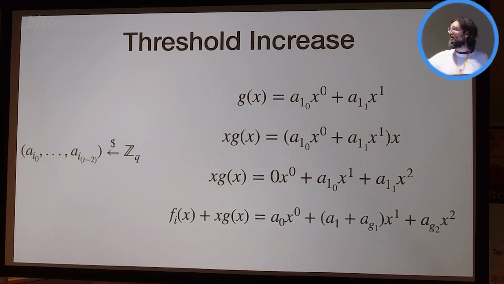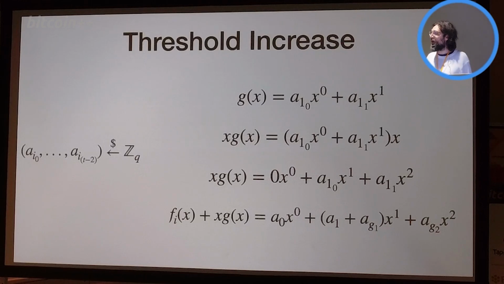Well, when we do x times g of x, it's going to increase the degree by 1, because all the x terms are going to get multiplied. X to the 0 is going to become x to the 1. X to the 1 is going to become x to the 2. And we're not going to actually have a coefficient for the first term.